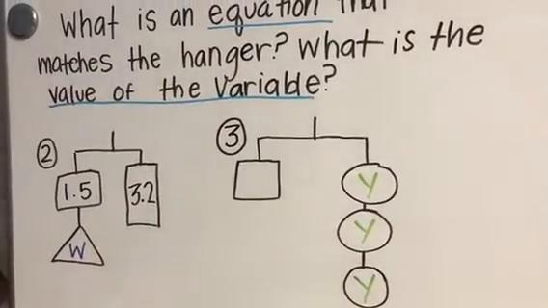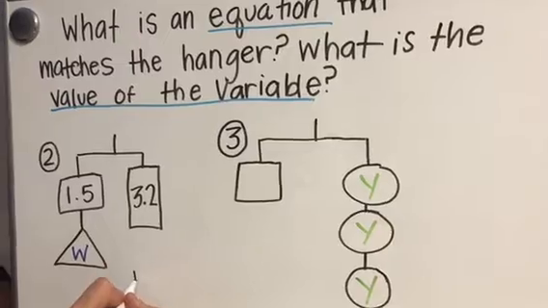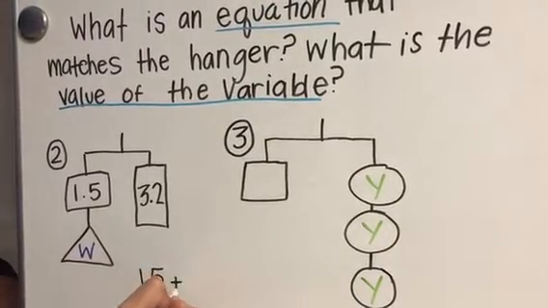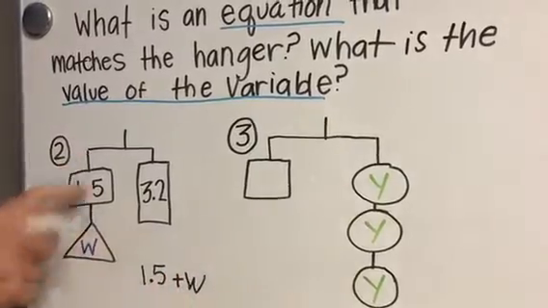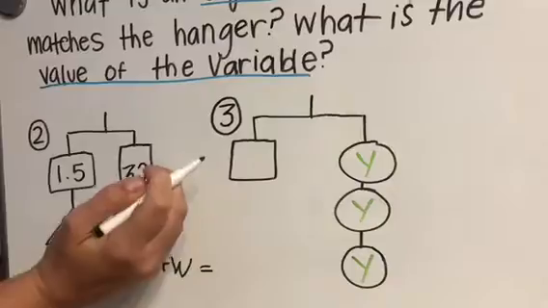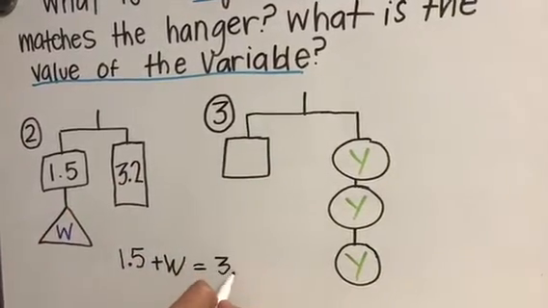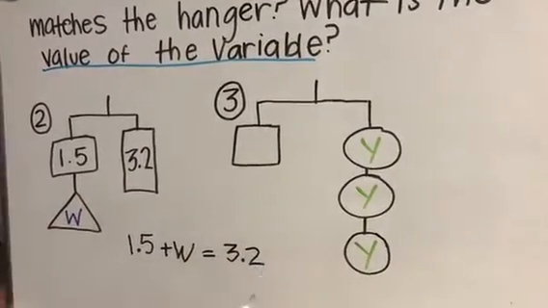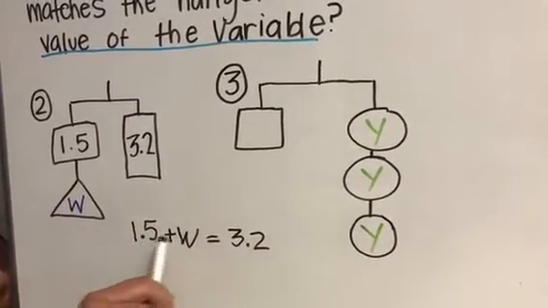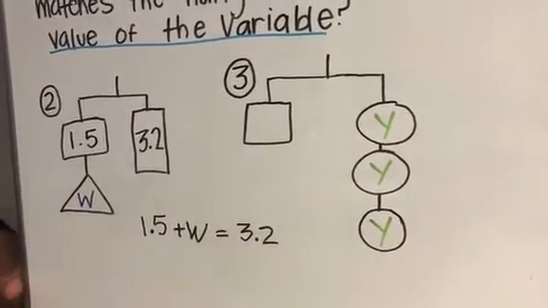So an equation that we can write for number 2 is 1.5 plus W, because that's on this side, equals whatever is on that side, 3.2. So this is our equation: 1.5 plus W equals 3.2.